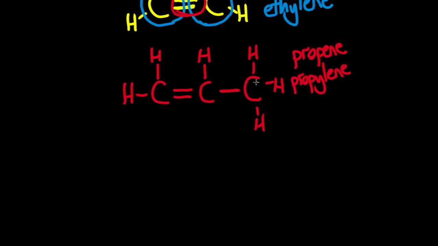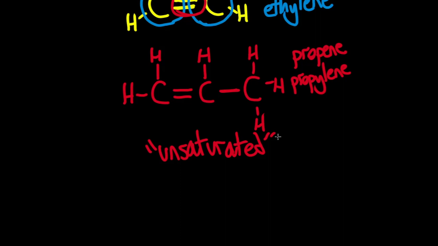Okay, so if I look at propane, propane had 3 hydrogens here, 2 hydrogens here, and another 3 here, whereas propene, I've got only 2 hydrogens here, only 1 hydrogen here, and then this is the only carbon that actually has 3 hydrogens. Okay, so we would call alkenes unsaturated.